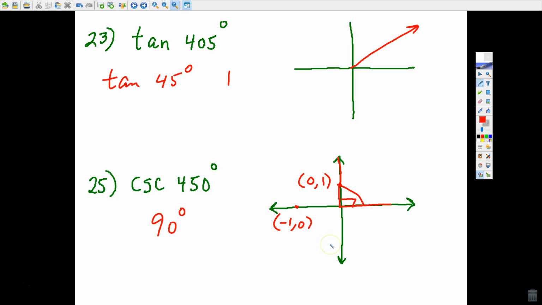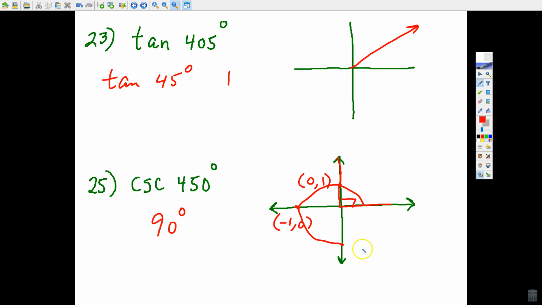What is cosine 180 degrees? Yeah, just look at the x-coordinate and you got it. So cosine 180 is -1. What's sine 180? 0. All right. Let's go to 270.